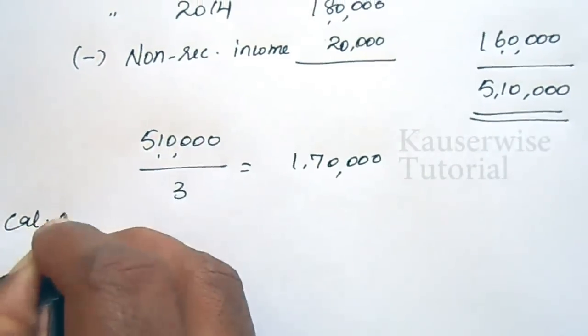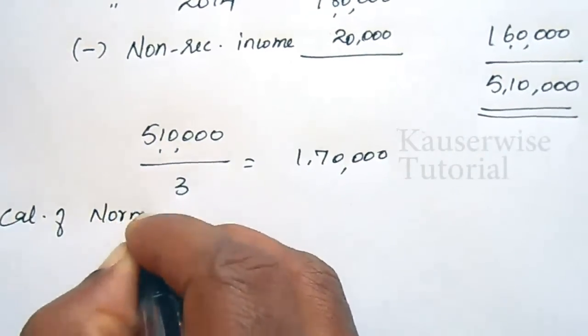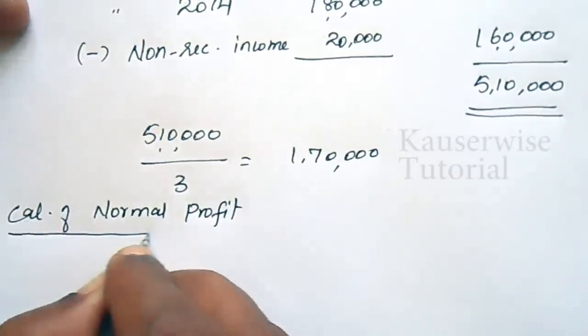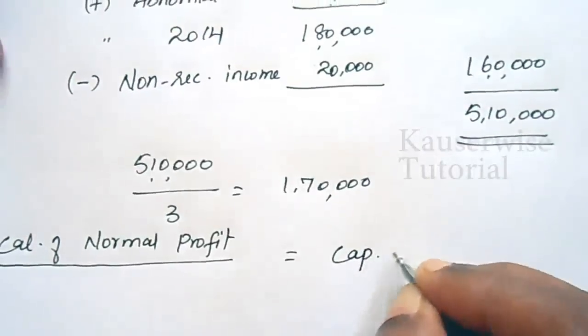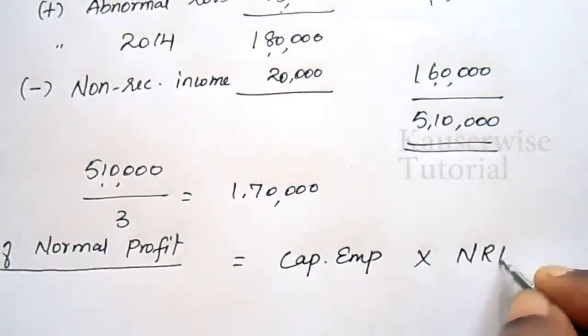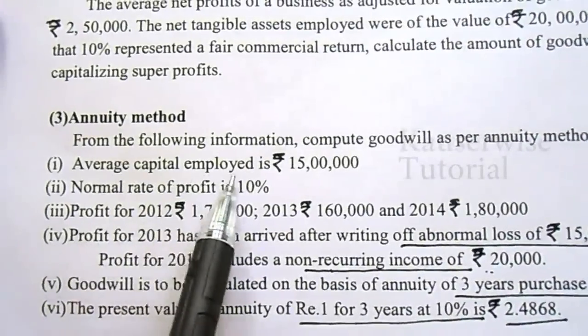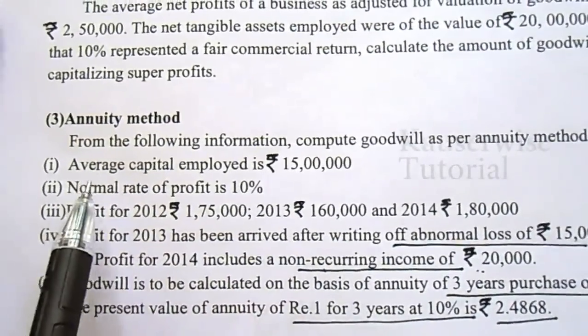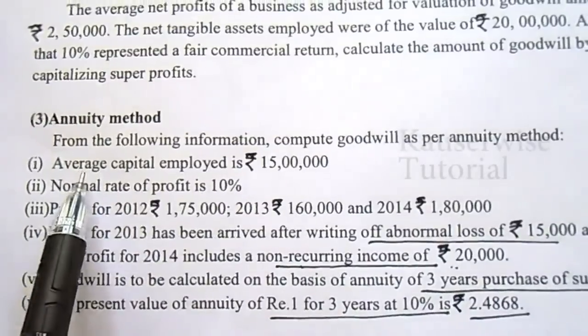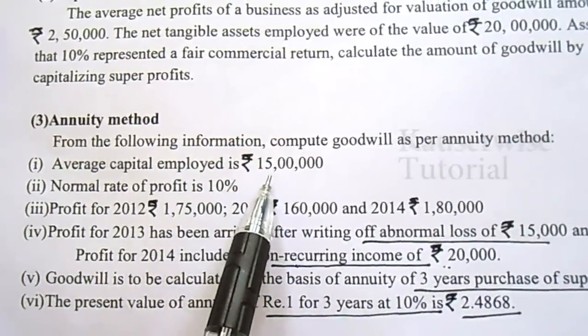Calculation of normal profit. What is the formula for normal profit? Capital employed into NRR. Okay, see, average capital employed is 15 lakhs. You can take either average capital employed or capital employed. Both are the same only. So, average capital employed how much? 15 lakhs.